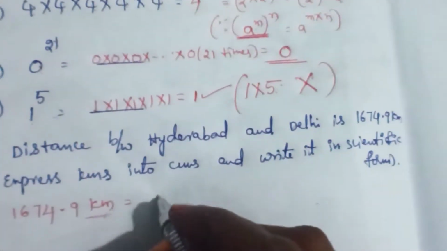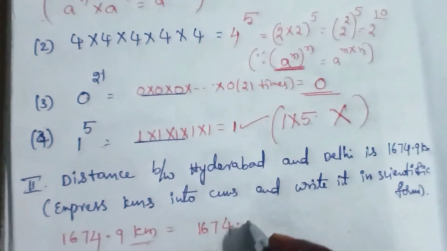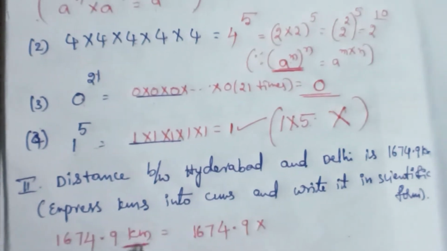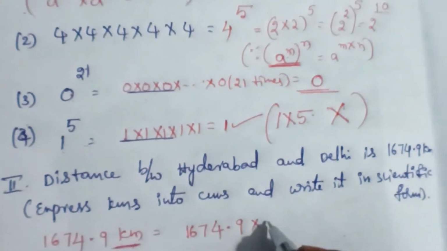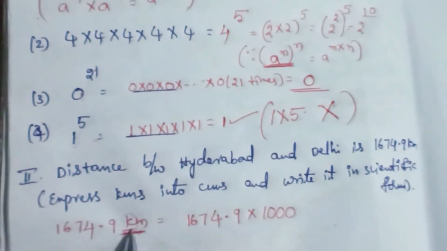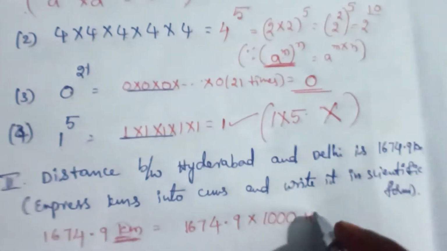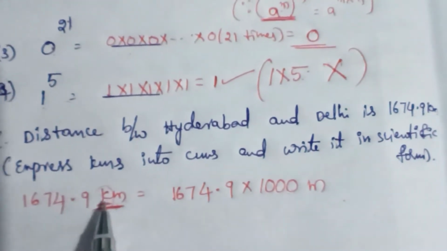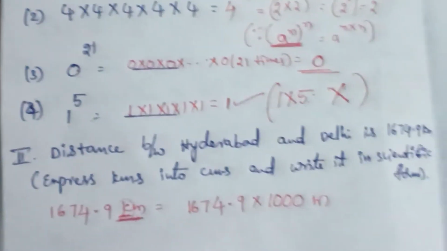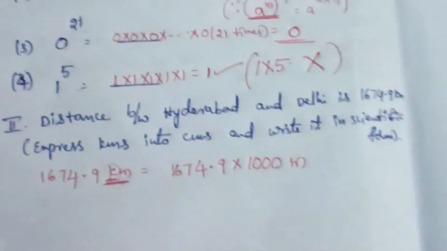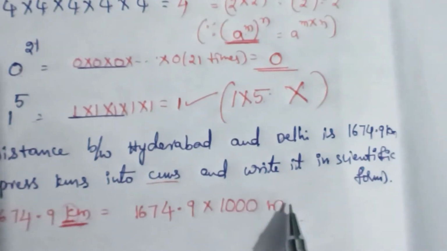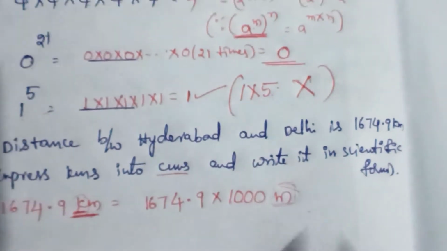So 1674.9 into 1000, k becomes 1000, remaining is m. Here k means kilo, kilo means 1000 meters, but here they are asking to find these kilometers in centimeters, so again we convert these meters into centimeters.